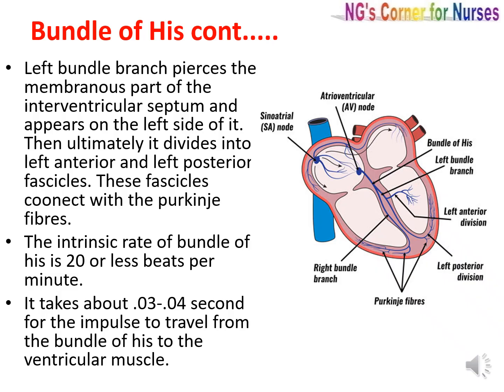Then ultimately it divides into left anterior and left posterior fascicles. These fascicles connect with the Purkinje fibers and the intrinsic rate of the bundle of His is 20 or fewer beats per minute. It takes about 0.03 to 0.04 second for the impulse to travel from the bundle of His to the ventricular muscle.